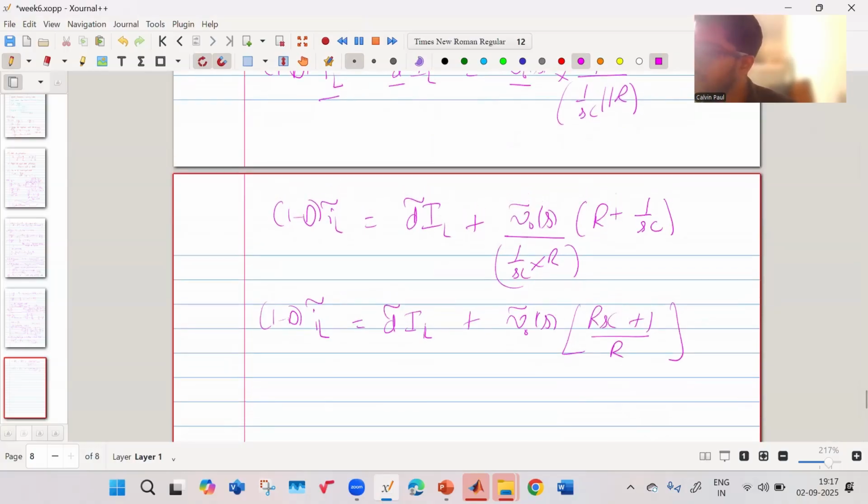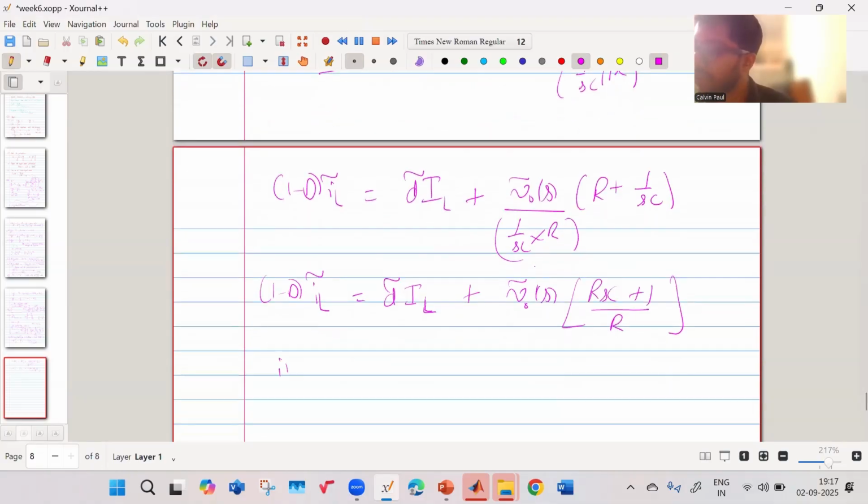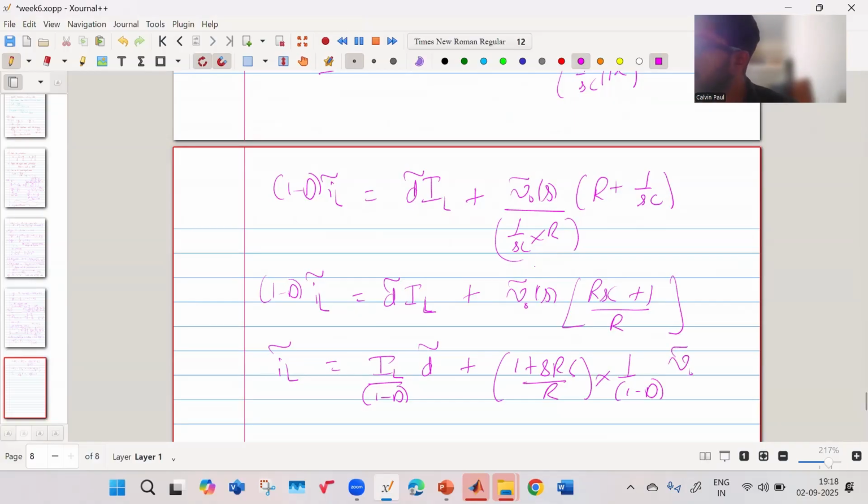So we have got this. So our IL per term is equal to IL upon 1 minus D into D per term plus 1 plus SRC by R into 1 upon 1 minus D into V output per term by S. Okay.